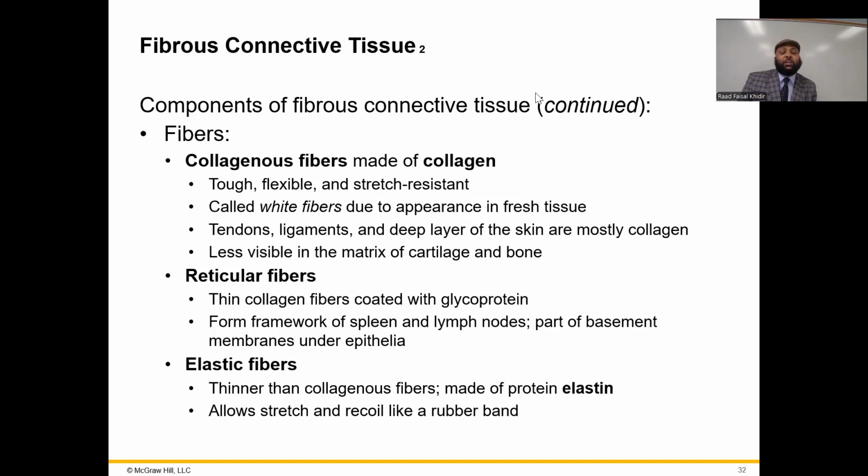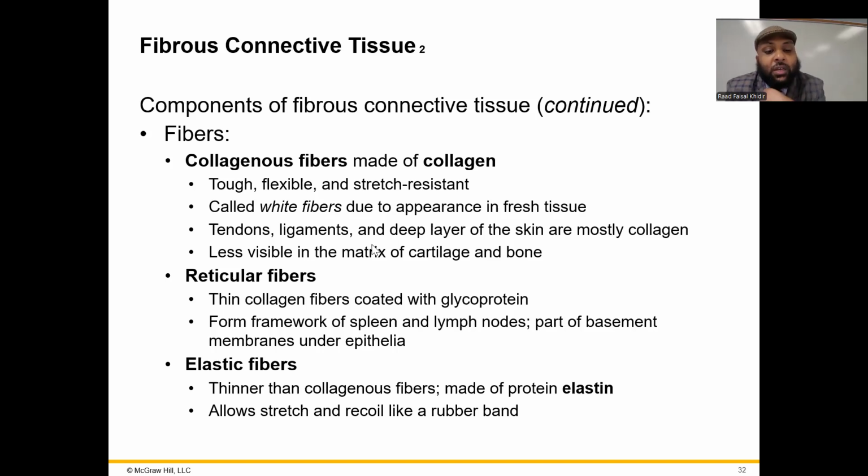Components of the fibrous connective tissue include fibers. First, collagenous fibers are made of collagen, which is tough, flexible, and stretch resistant, and they are called white fibers due to their appearance in fresh tissue.